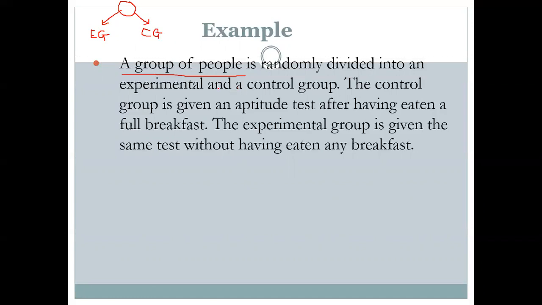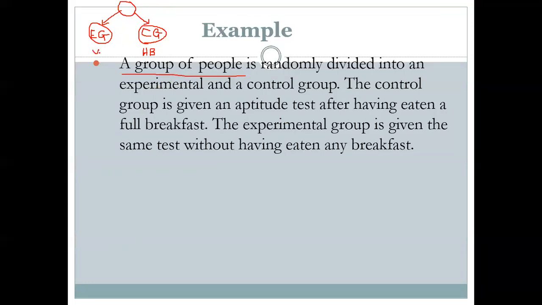The control group is given an aptitude test. So this control group is given a test after having eaten a full breakfast. And then the experimental group is given the same test, but without having any breakfast.